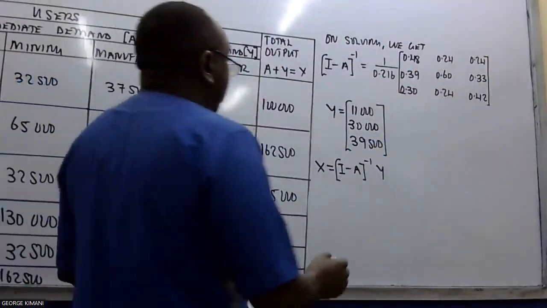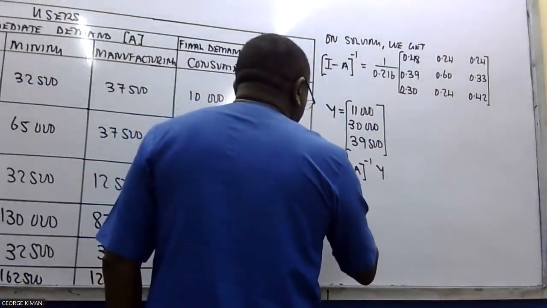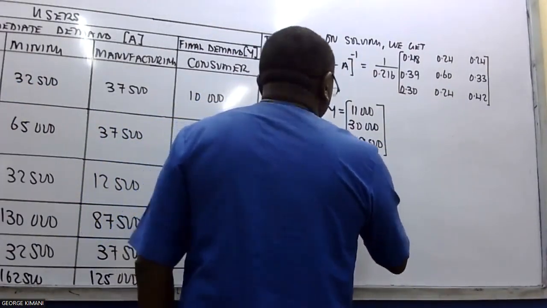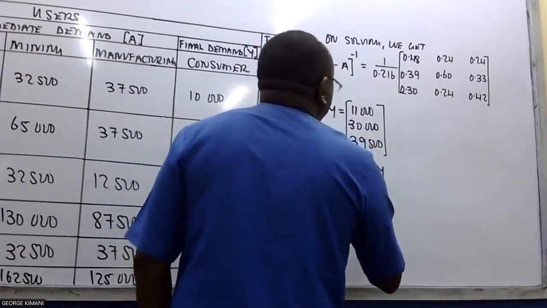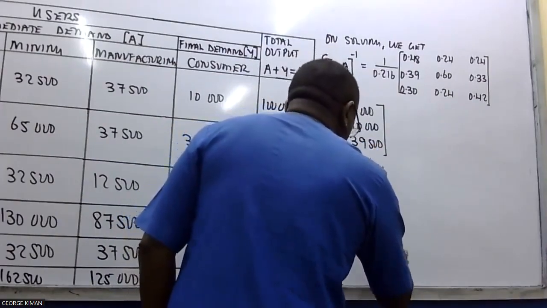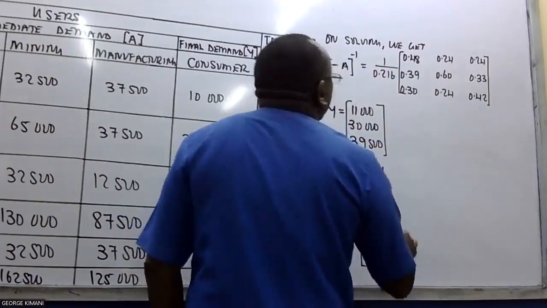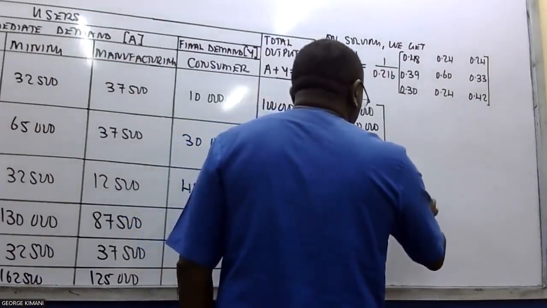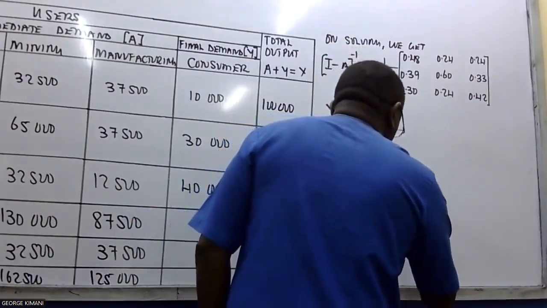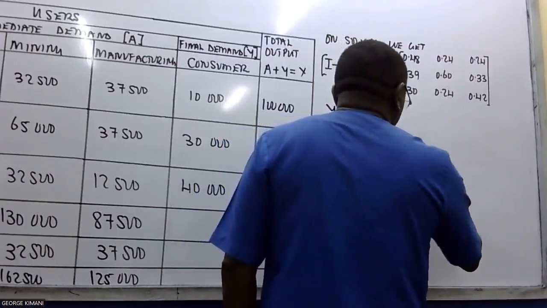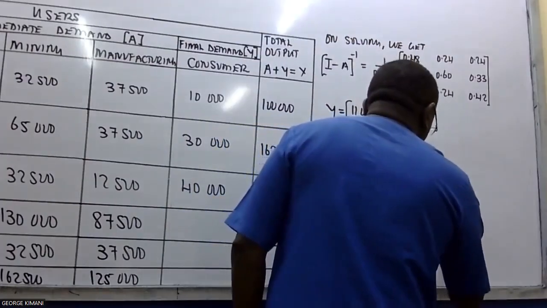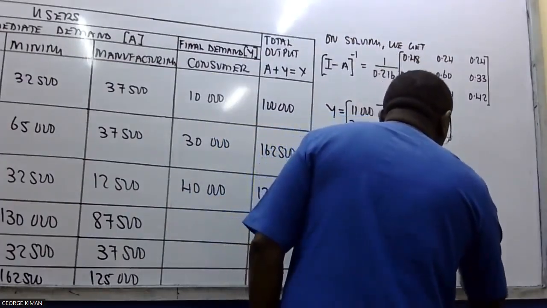So now that we have everything we require, we say 1 out of 0.216, with 0.48, 0.39, 0.30, then 0.24, 0.60, 0.24, 0.24, 0.33, and 0.42.